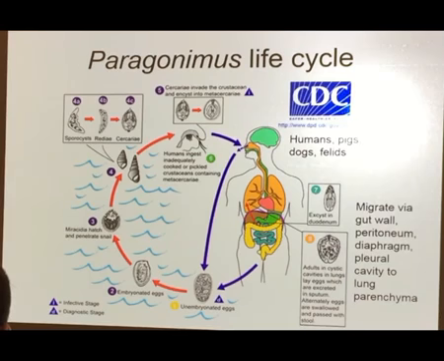It burrows through the gut wall, across the peritoneal cavity, through the diaphragm, into the thoracic cavity, and then into the lungs, where it matures into an adult fluke. So again, another invasive stage to this life cycle that can actually cause overt disease.